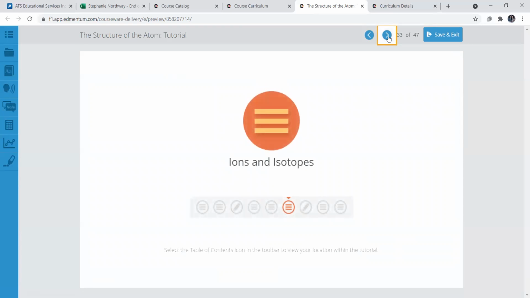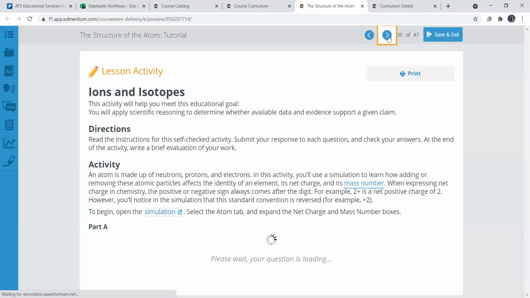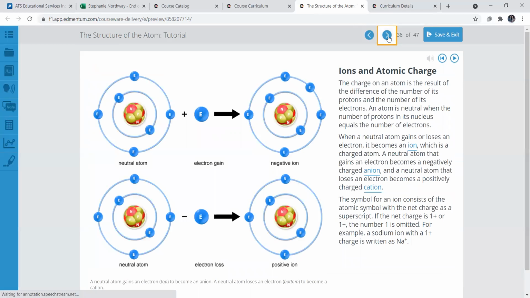The question. So, ions and isotopes. I'll just briefly talk about this because I did have another lesson on this that you can refer back to if you need to. So when a neutral atom gains or loses an electron, it becomes an ion.